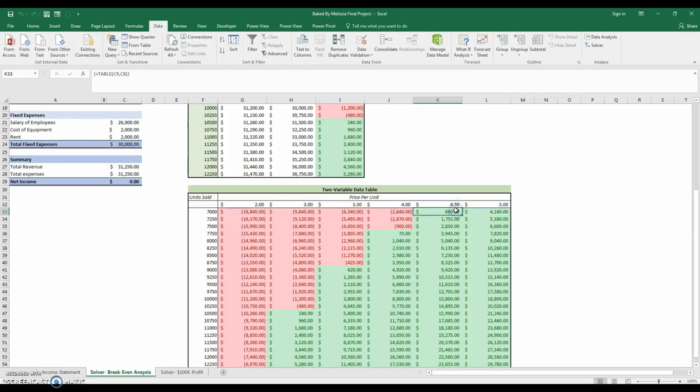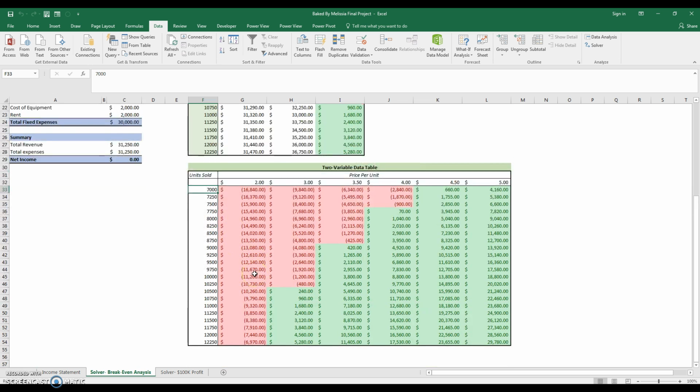We can even do it at 450 and we'll generate a profit. And it's just a minimum that we make on any given month. So it allows us to get more perspective on what going price we should sell our cupcakes at, so we can generate more profit in the least amount of time for the least amount of effort. Essentially, generating the maximum profit for the least cost.